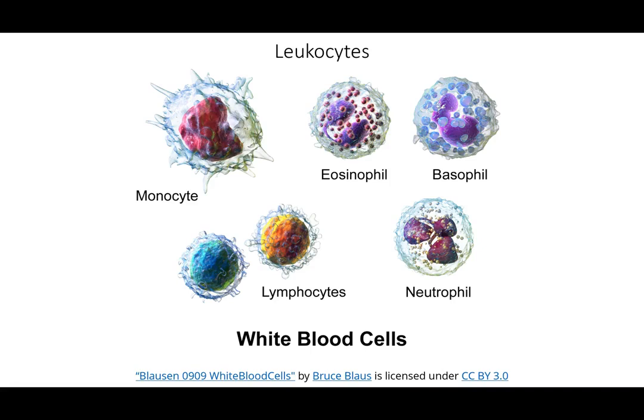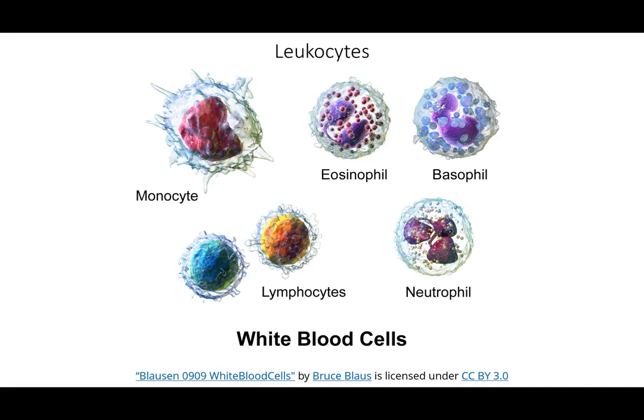So different disorders of these are usually going to be leading to lymphomas or leukemias, which is going to be high numbers of a particular type of these cells. Sometimes it's only going to be a specific type, sometimes it's going to be multiple types, and so we're not going to get into a ton of detail about that, but lymphomas and leukemias are due to high numbers of these white blood cells.